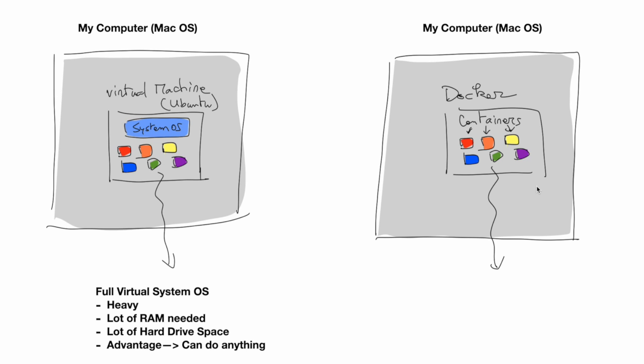You can think about watertight containers, and each container contains a certain piece of software that is running. Basically, what Docker does is that it uses a lot of components from your main operating system in order to run some kind of partial virtual machine using different kinds of containers.